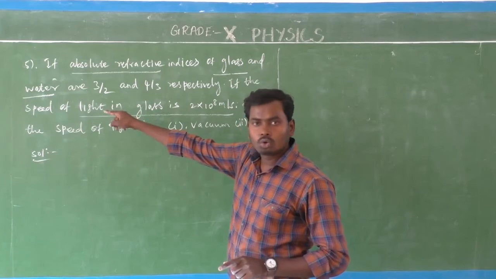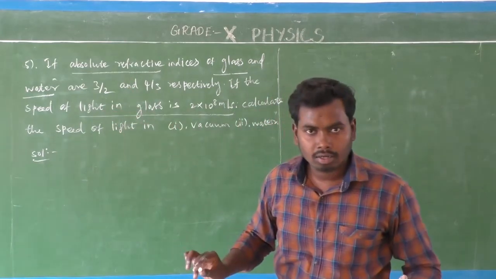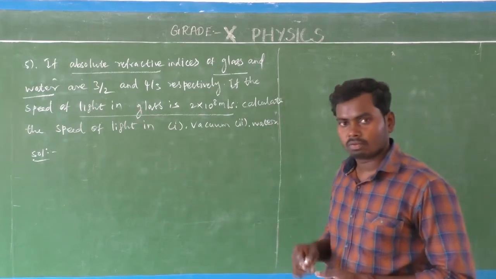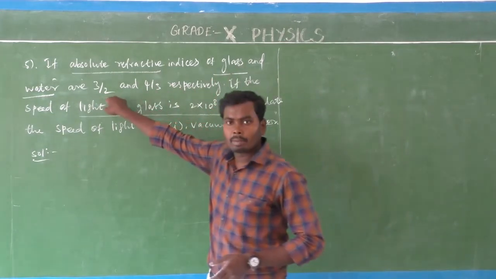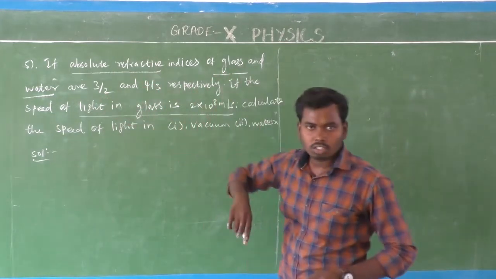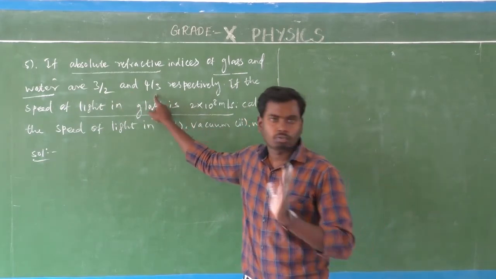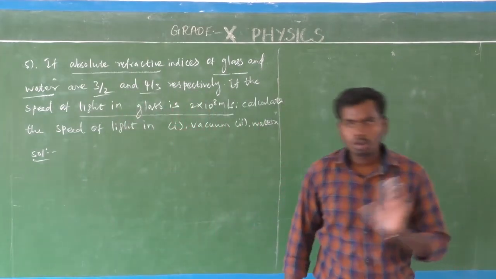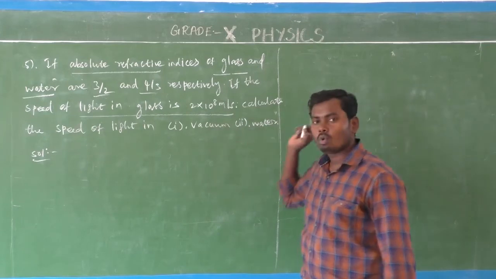Second, light goes from air, which means vacuum, into water. So that is the question. When light goes from vacuum into glass, the refractive index is 3/2. When light goes from air into water, the refractive index is 4/3. Now you calculate the speed of light in vacuum and the speed of light in water.